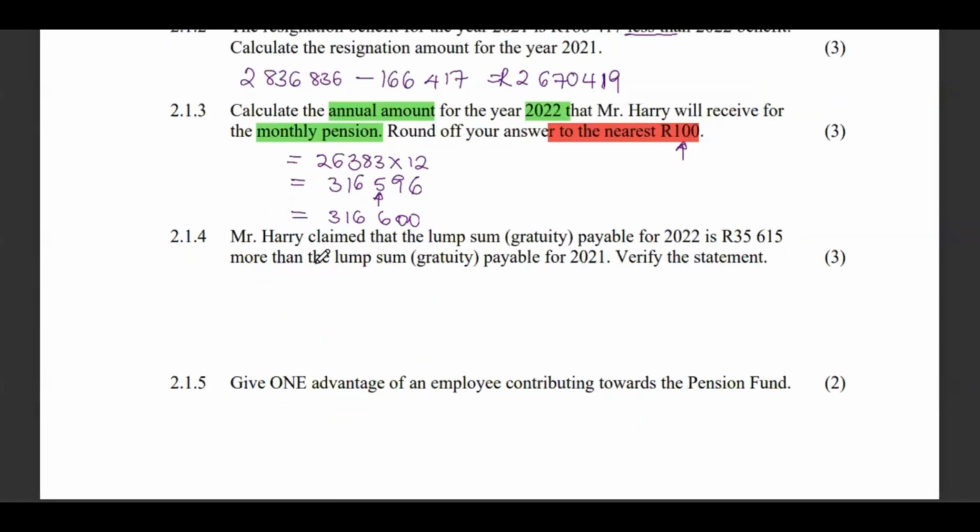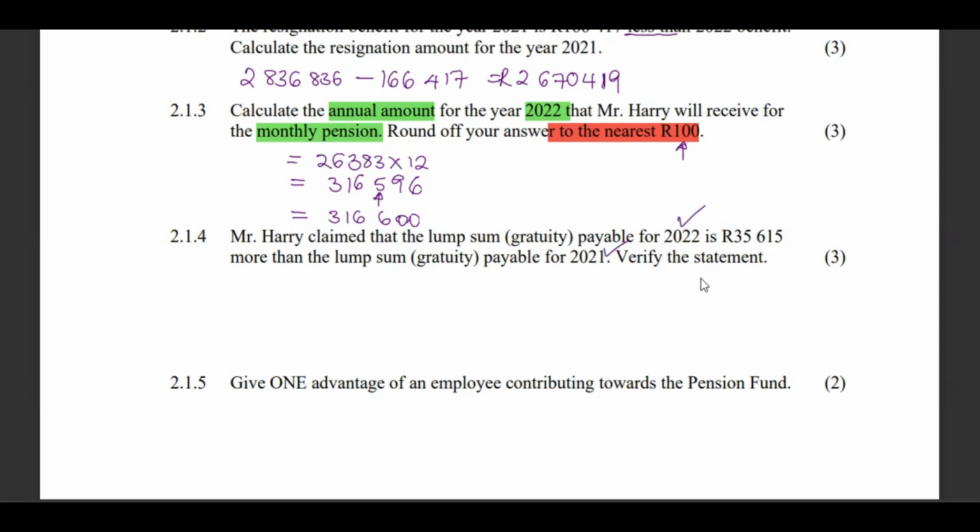Okay. Mr. Harry claimed that the lump sum gratuity payable for 2022 is 35,615 more than the lump sum gratuity payable for 2021. Verify the statement. So this simply means we're going to look for the difference between the amount paid in 2022 and the amount paid in 2021.